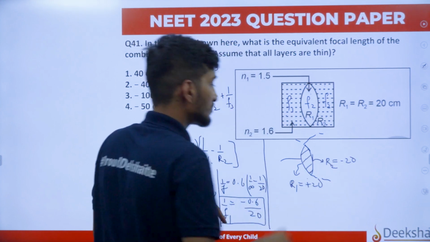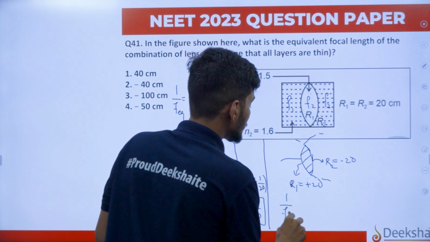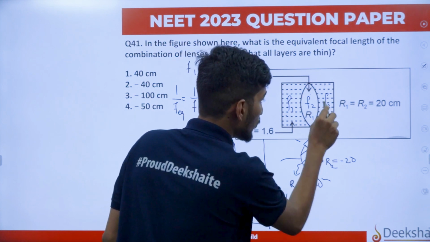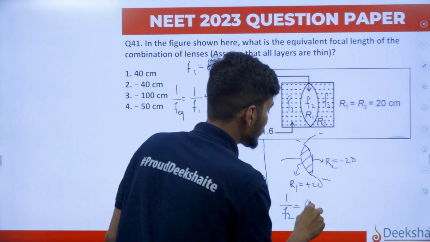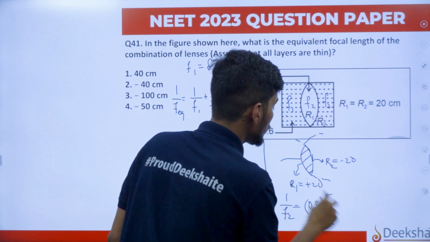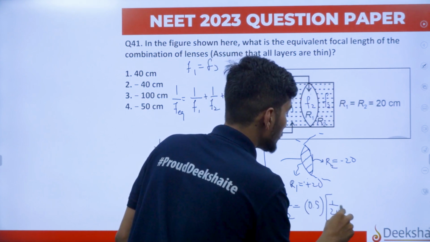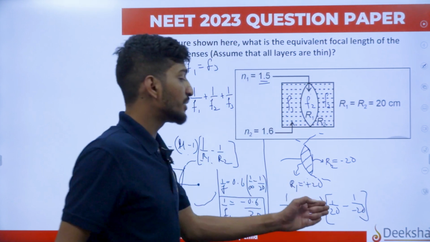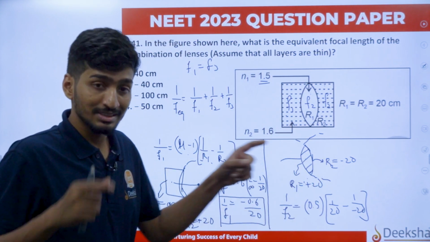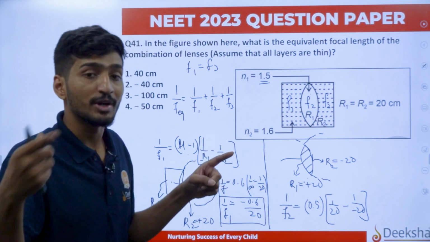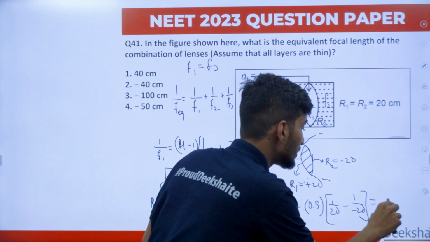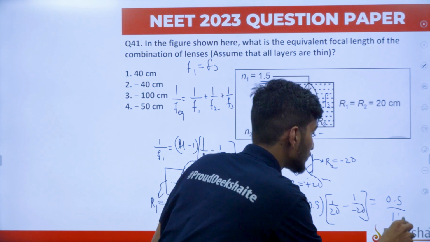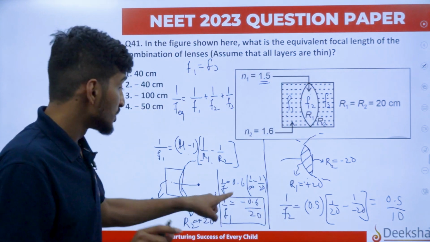Okay, so when I write 1 by f2, I'll write it as 1.5 minus 1 or 0.5 into 1 by 20 minus 1 by minus 20. 1 by 20 plus 1 by 20 is 1 by 10. So the whole thing becomes 0.5 by 10. Again, not going to touch it, just keep it like this.